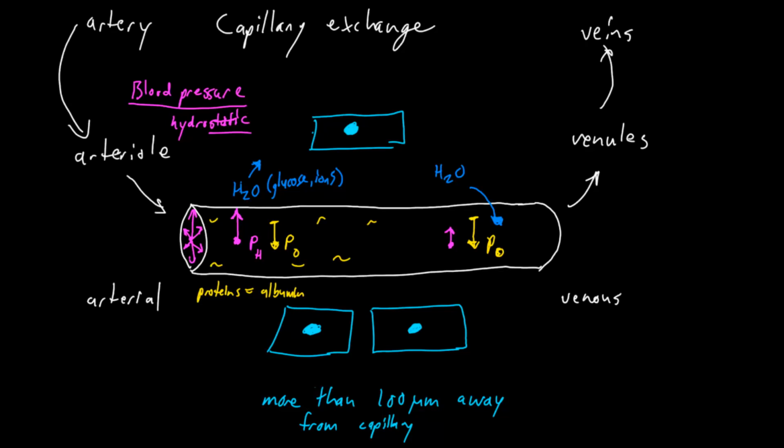Now, it's not 100% efficient, though, right? So overall, we have approximately, and this figure varies from person to person, but we'll say that on average, over the course of a day, there's anywhere from 2 to 8 liters of fluid that is not completely reabsorbed into the venous end of the capillaries.